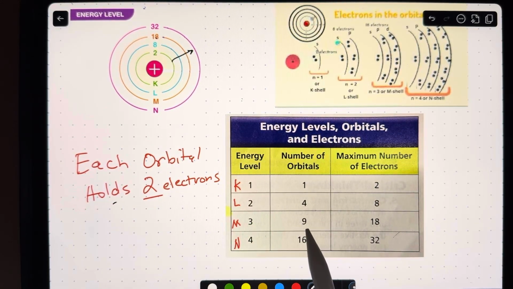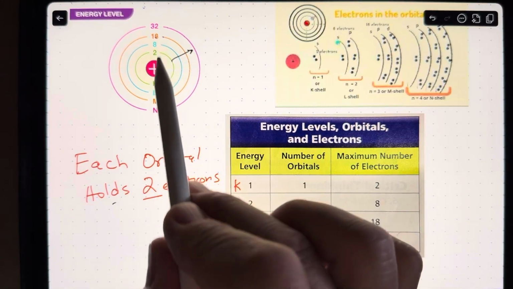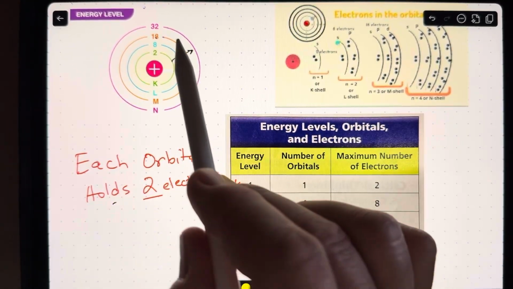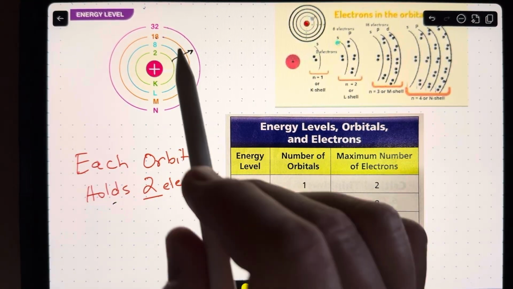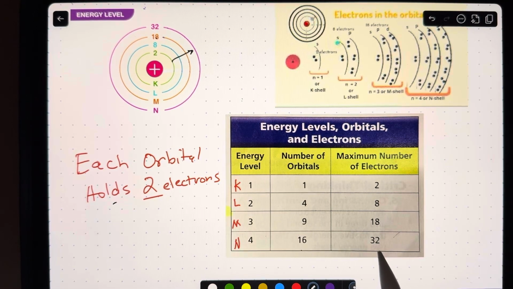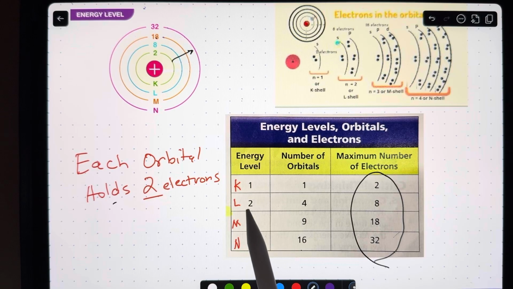Same thing, there are 9 orbitals in number 3, which is the M shell, and that's 18, and 16 orbitals in the 4th. So you can think of it as each orbital holding 2, and then altogether it holds 32. But the big thing I'd want you to remember is the number of electrons in that shell. So the first shell holds 2, the second shell holds 8, the third holds 18, the fourth holds 32.